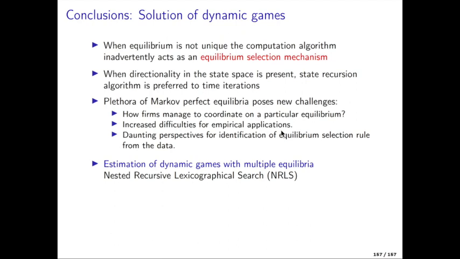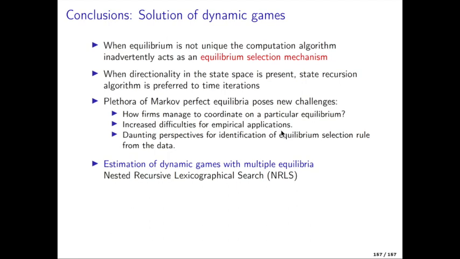But when there's directionality in the state space, we have an algorithm that can be formalized by state recursion and done over time iteration. This, in combination with the recursive lexicographical search, which is based on this idea of variable-base arithmetic with adding 1 to trace out all the equilibria, is guaranteed to find all the Markov perfect equilibria of this particular class of games if you have good algorithms to solve for these very simple stage games.